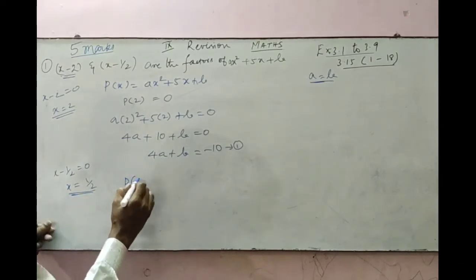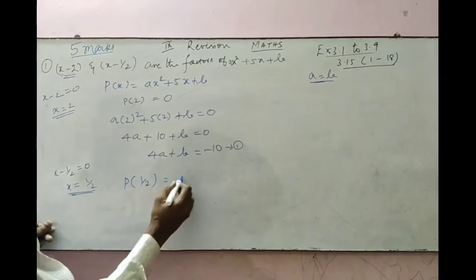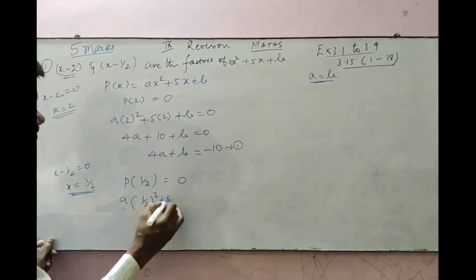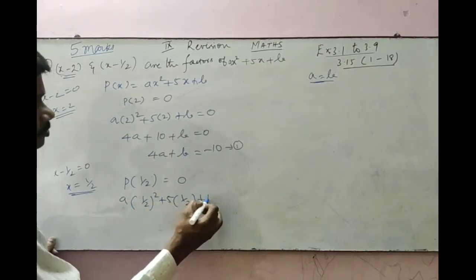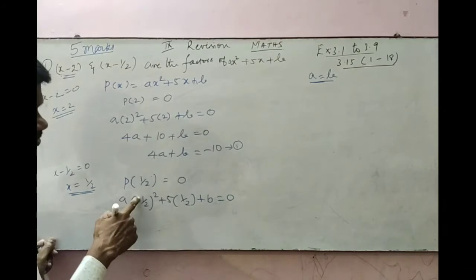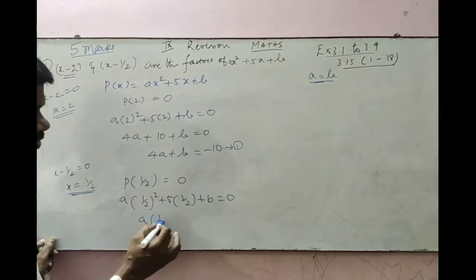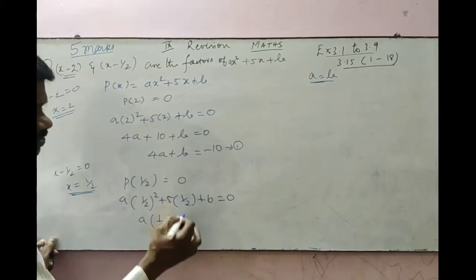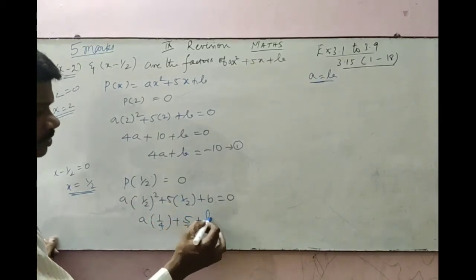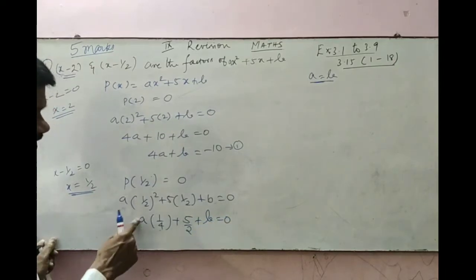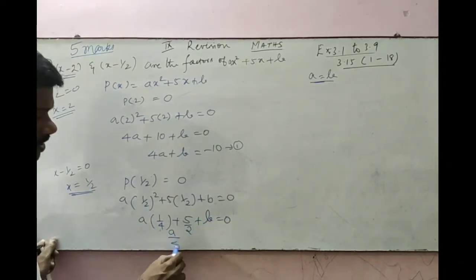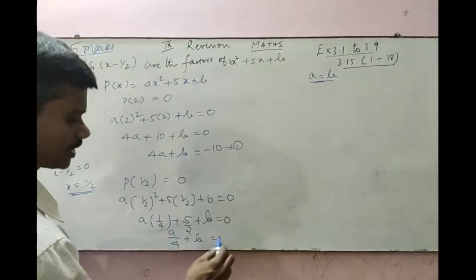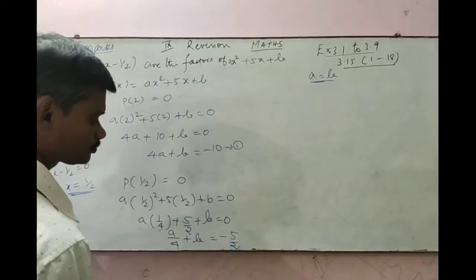So substitute x as 1 by 2 in the above equation. a into 1 by 2 whole square plus 5 into 1 by 2 plus b equal to 0. 1 by 2 whole square is 1 by 4, since 1 square gives 1 and 2 square is 4. 5 into 1 by 2 gives 5 by 2 plus b equal to 0. a into 1 by 4 gives a by 4 plus b equal to, I am going to transpose this 5 by 2 to the right side, you will get minus 5 by 2.